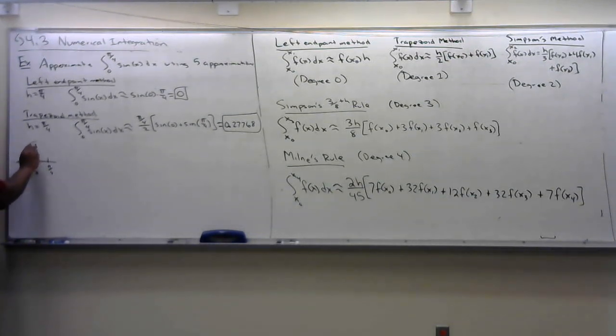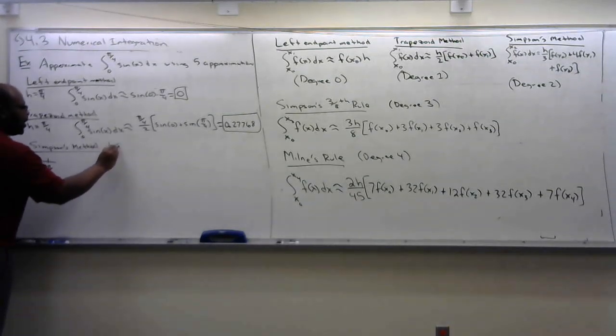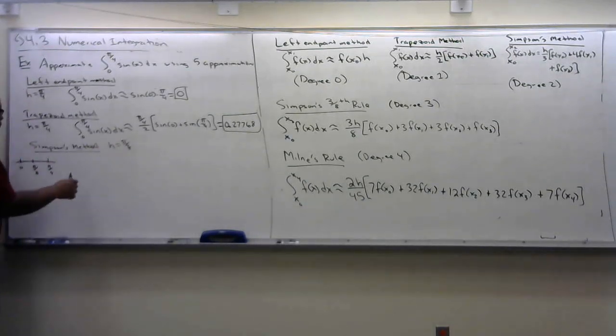So for Simpson's method, my h is pi over 8 because I have to split it to be able to integrate from 0 to pi over 4. I'm forced to split it.